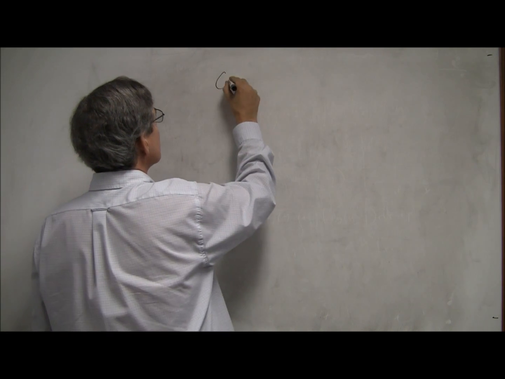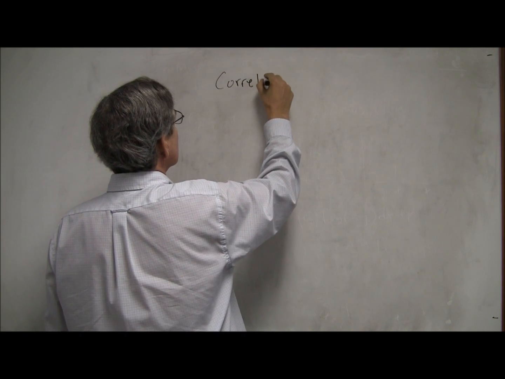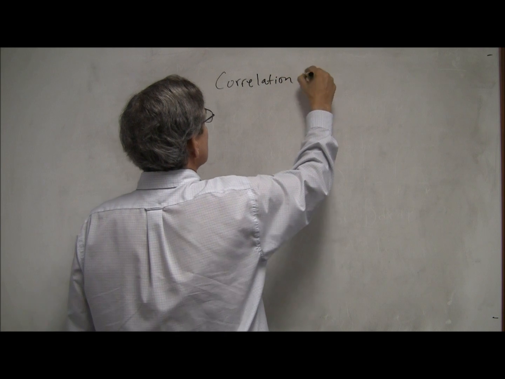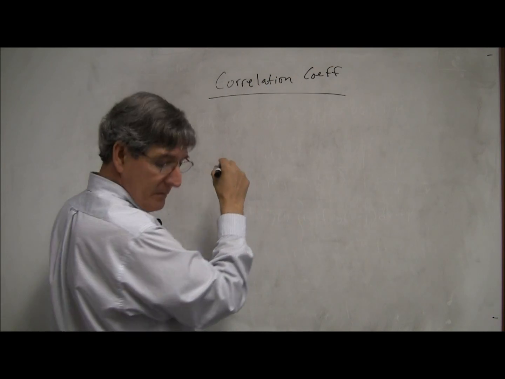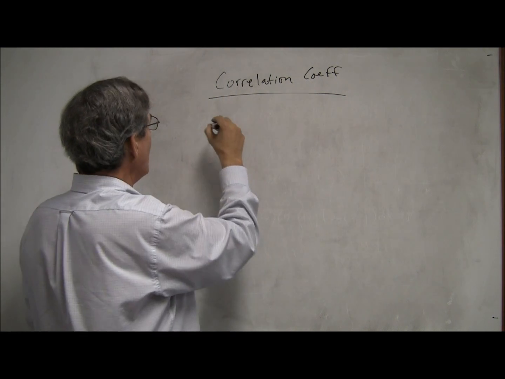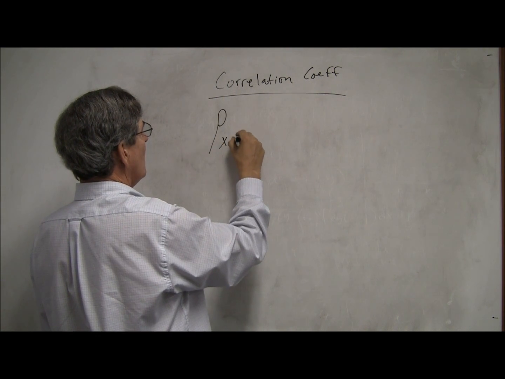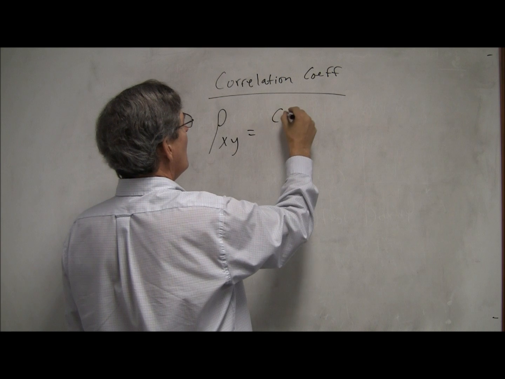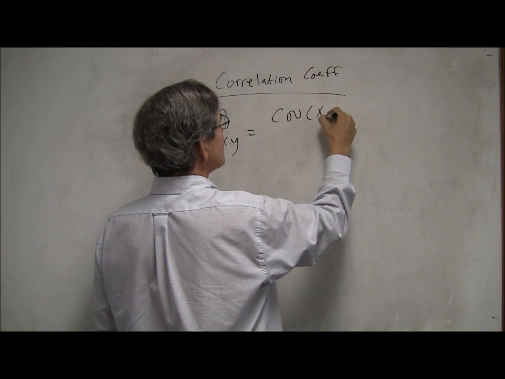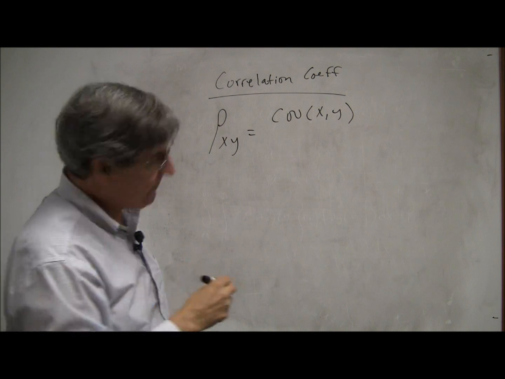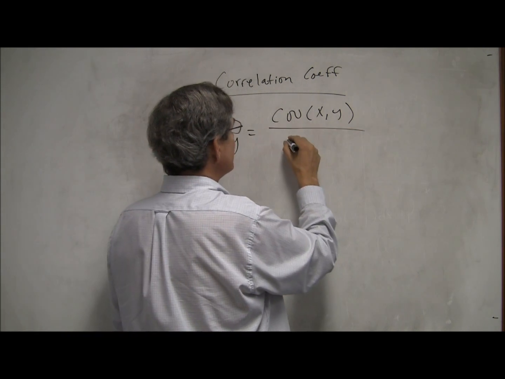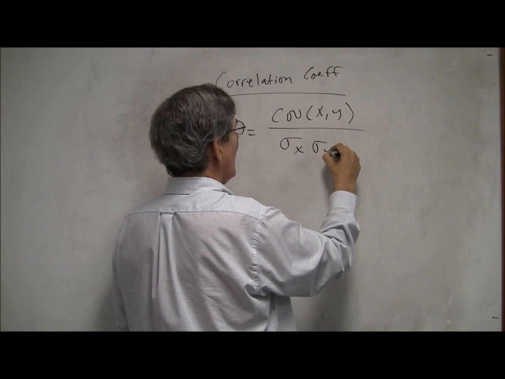There's also something called the correlation coefficient. It's usually written as rho of x and y, and it's the covariance of x and y over the standard deviations, sigma x, sigma y.